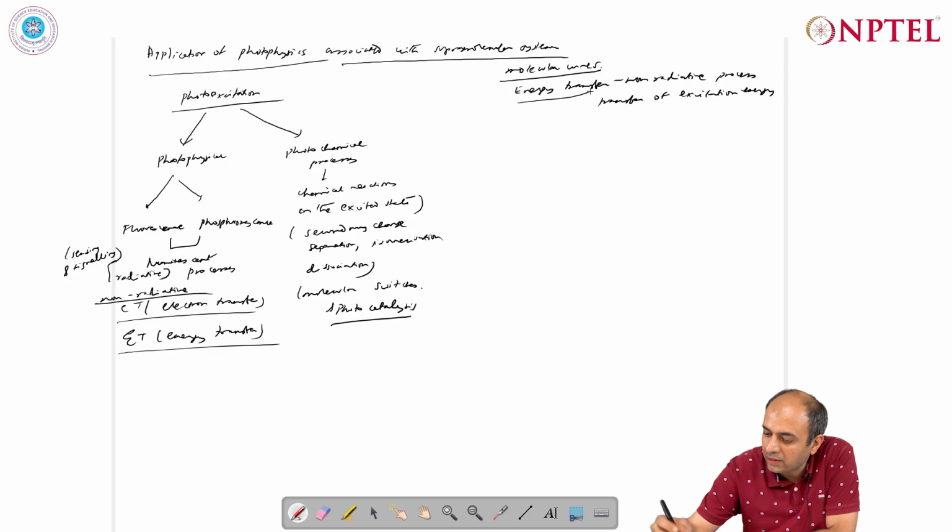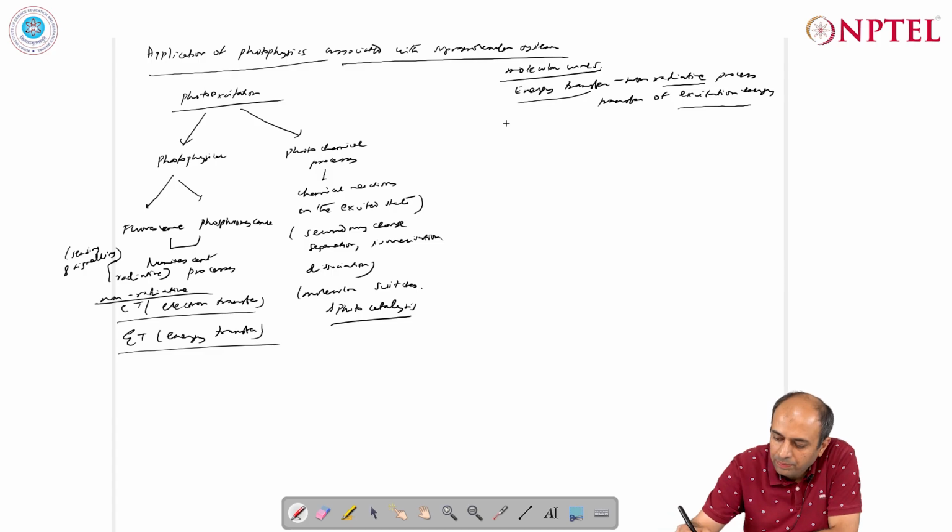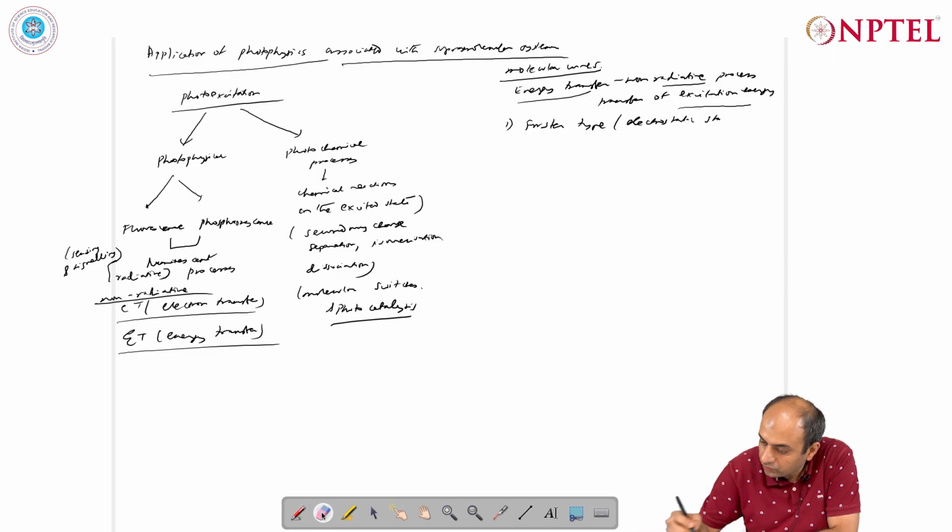So we have this energy transfer process, which is actually a non-radiative process, which involves transfer of the excitation energy by non-radiative means. This energy transfer mechanism operates via Forster type, which is the electrostatic interactions between the donor and the acceptor.